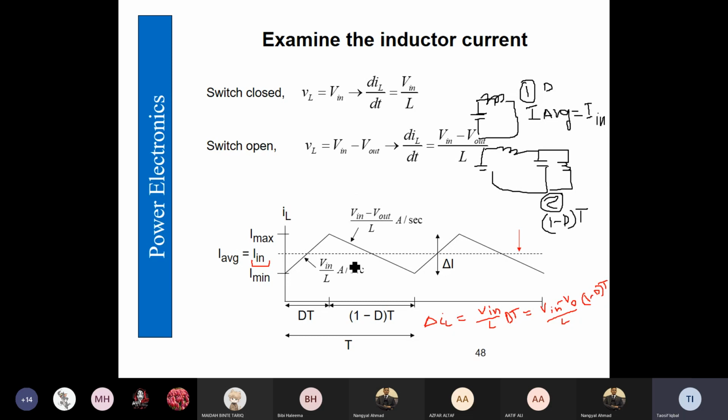So we can now find out the ripple current delta IL, and that can be done using the rising slope. Also, it can be done using the falling slope. So V in by L into duty cycle times T is using the rising slope, and the delta I ripple can be found out using V in minus V out divided by L into 1 minus D into T. T can be changed as the frequency of the circuit, so we can take it down.